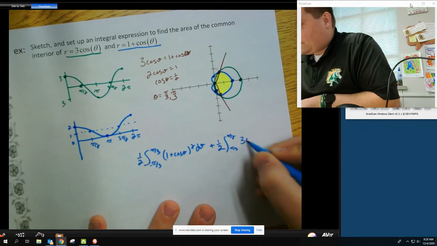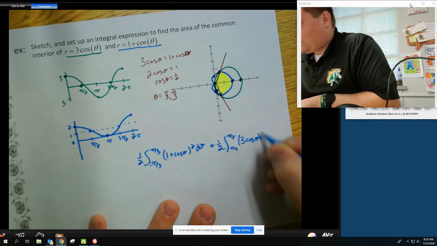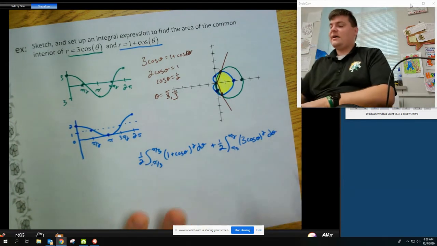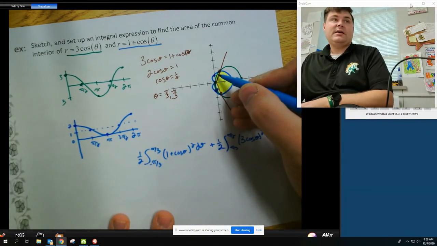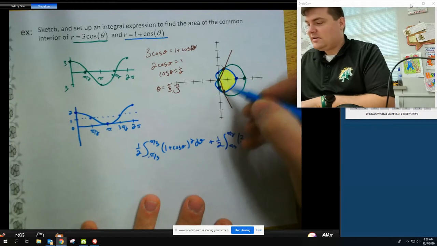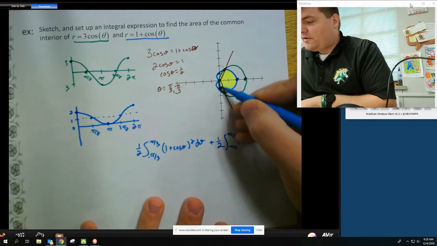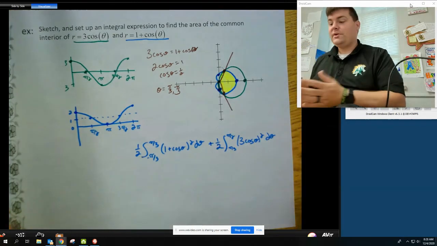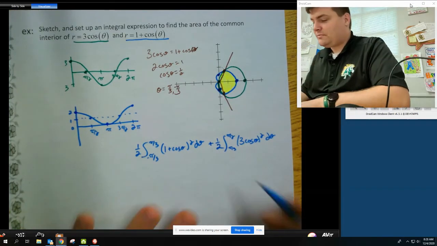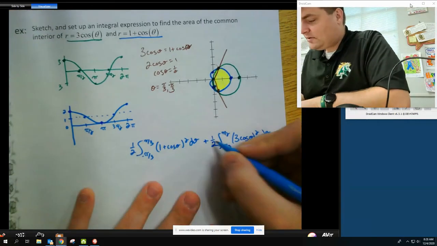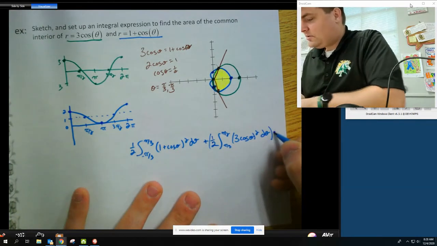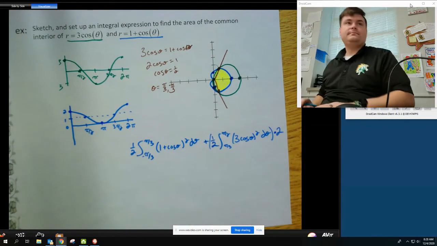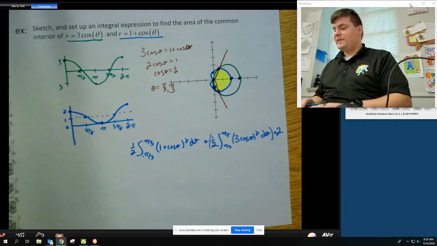This is 3 cosine theta being squared d theta. Now that's this little sliver. And now I need to find this little sliver over here. Do you agree that these areas are the same? So what could you do? You could just multiply this by 2. So that's all you're going to do for that one. And that is our setup.